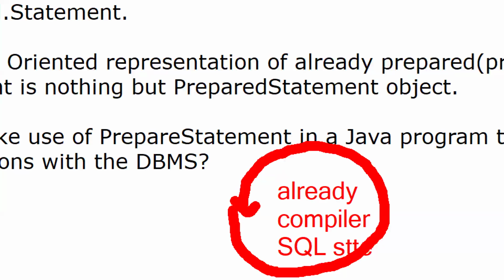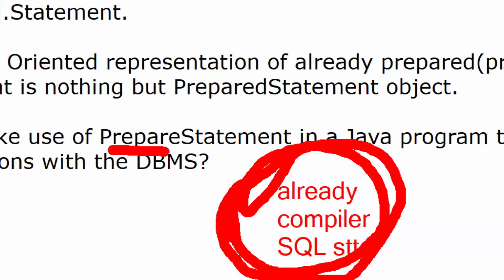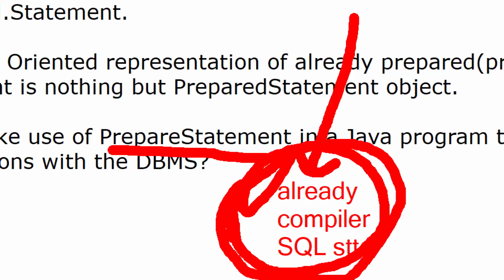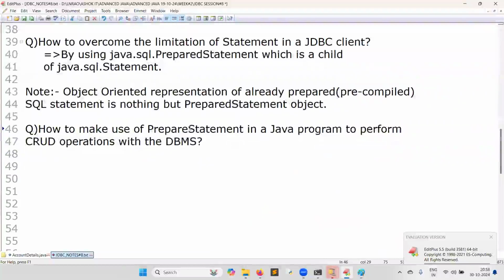A pre-compiled SQL statement, an already prepared SQL statement, is wrapped into this object. What does the PreparedStatement object hold inside? SQL statement only it will hold inside. Okay. What is already compiled? What is pre-compiled? You will understand when I explain.